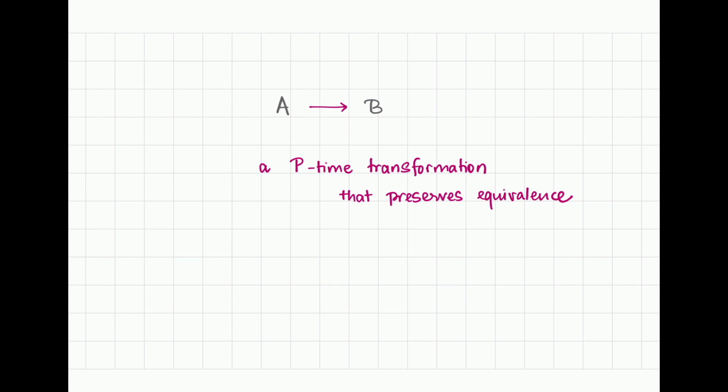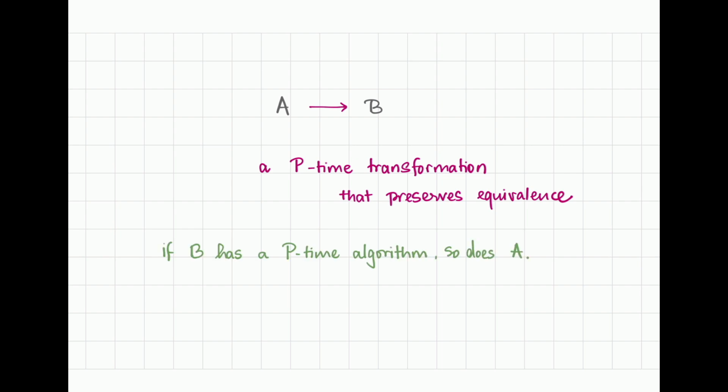So to summarize what we just said, you can think of a classical polynomial time reduction between two problems A and B as essentially a polynomial time transformation that preserves equivalence, and what you get out of this is the following implication.